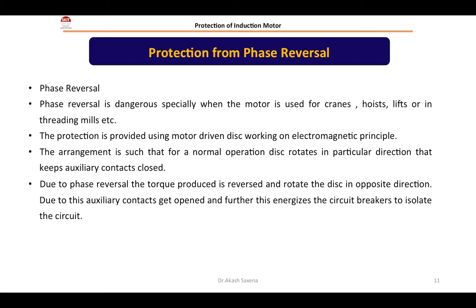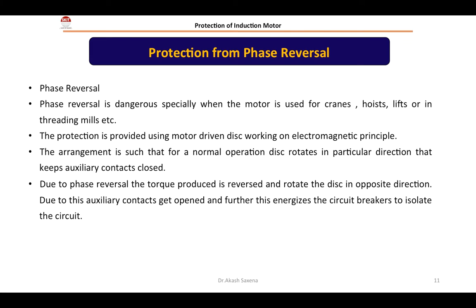The protection is provided using a motor driven disc working on the electromagnetic principle. When there is a particular phase sequence, the secondaries of two current transformers connected to two lines drive the motor to operate the disc. The arrangement is such that for the normal direction of the motor, the disc rotates in a particular direction which keeps the auxiliary switch closed.